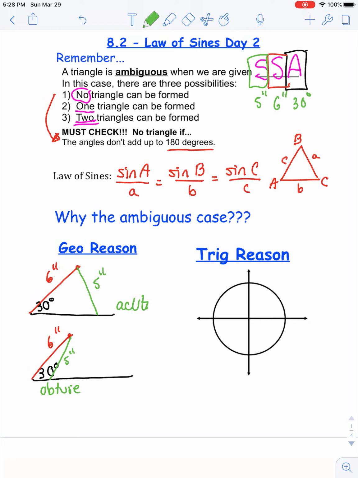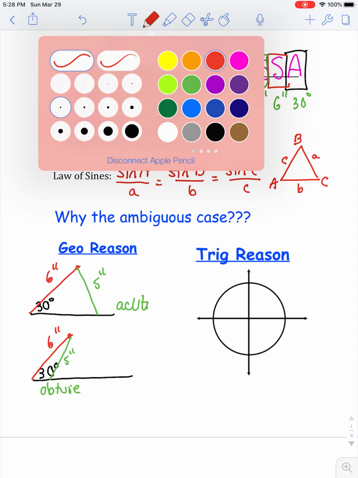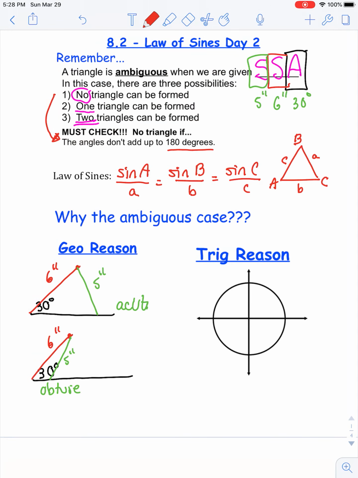In terms of the trig, think of it in terms of the size of this angle. Let's say that this second angle, we're given this 30 degrees. Let's say that this angle came out to be 25 degrees. Well, that 25-degree angle would be here in the first quadrant, and we know in the first quadrant that the sine of that angle is positive. But we also know that the sine of that angle is positive in the second quadrant as well.